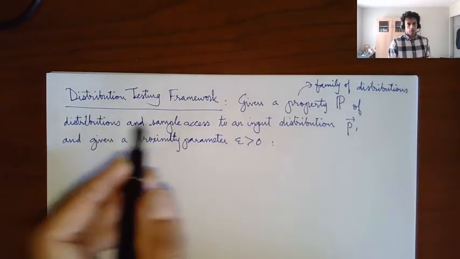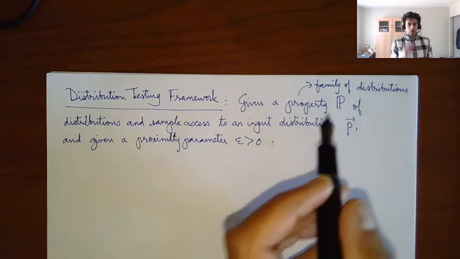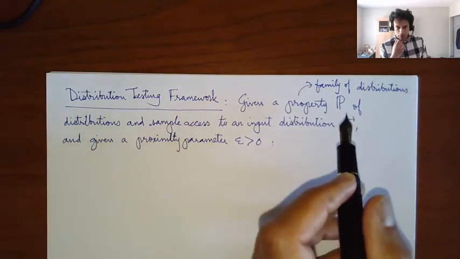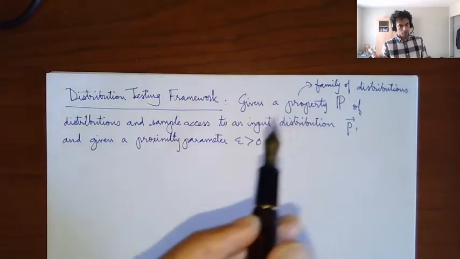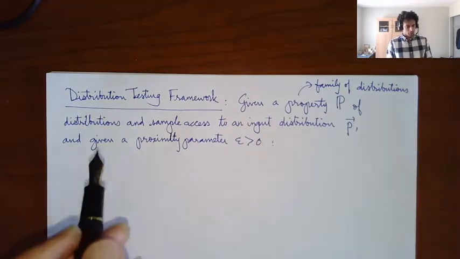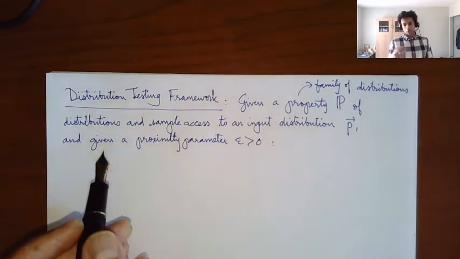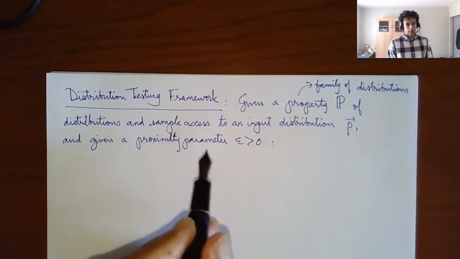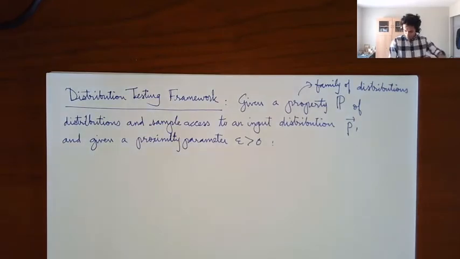So the distribution testing framework says you have a property of distributions, that's some family of distributions. You have sample access to a single input distribution. And so the algorithm is also given a proximity parameter epsilon.